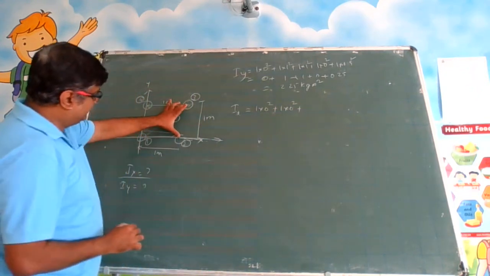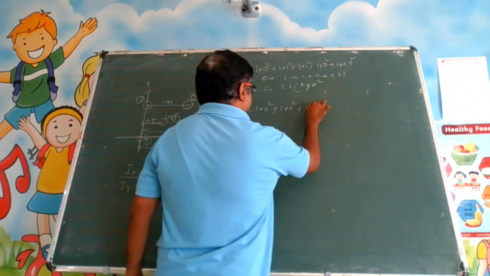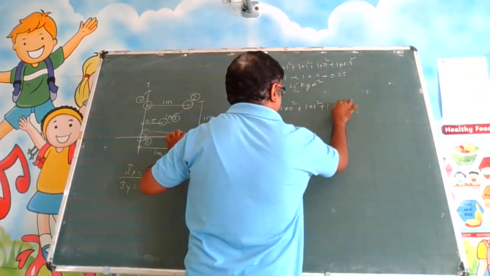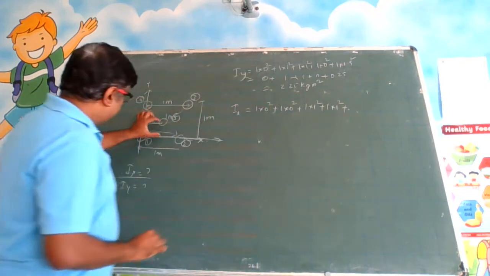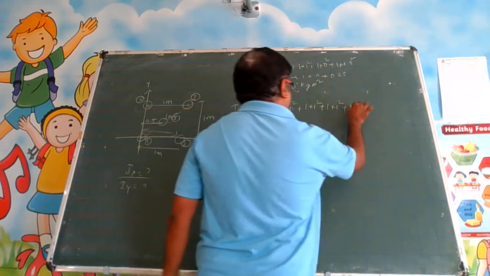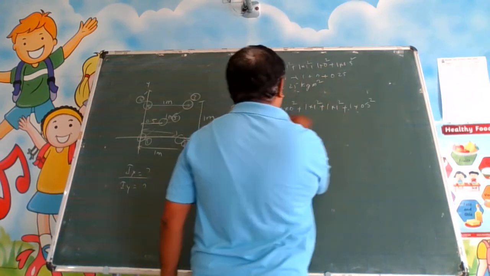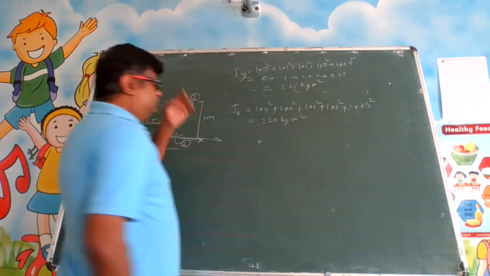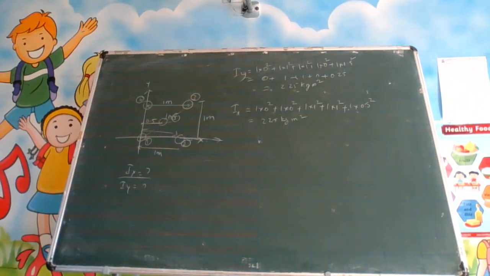What is this y distance? 1 into 1 square, this is also 1 into 1 square. Now coming to this, you have to take this y distance. It is 1 into 0.5 square. You are getting the same value.